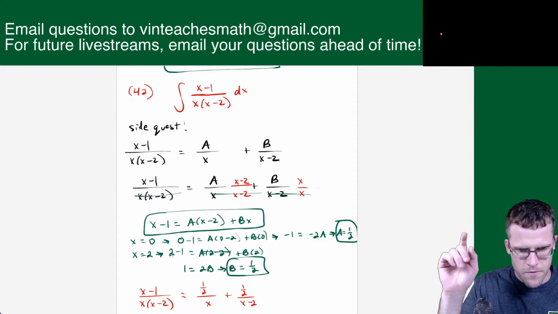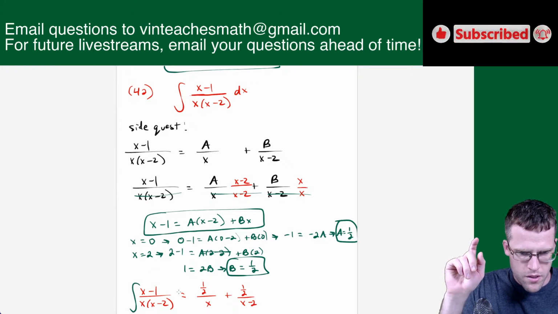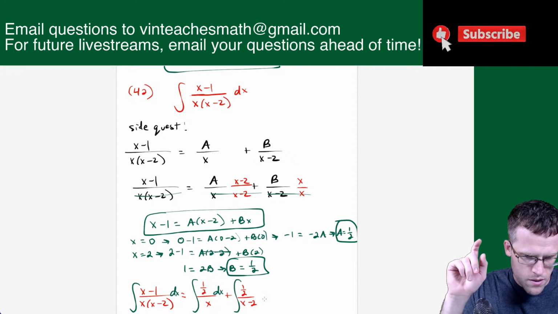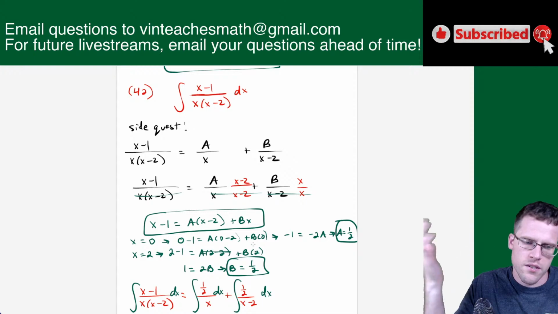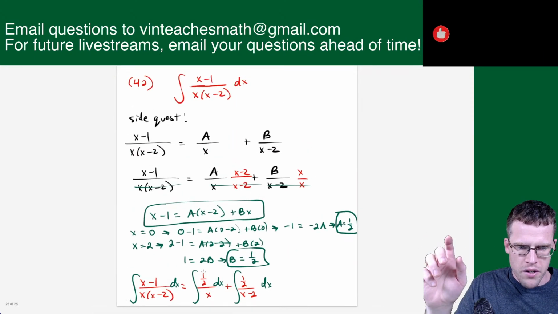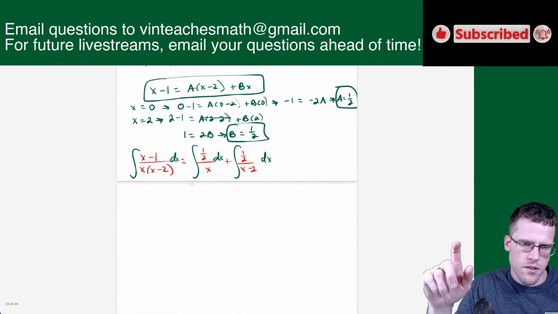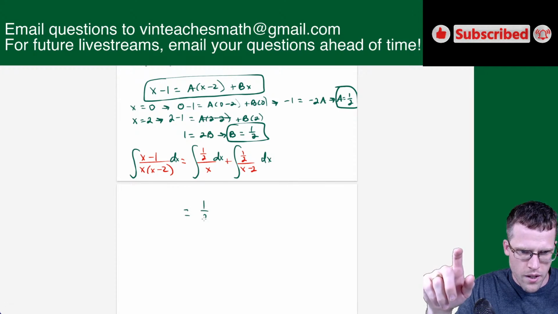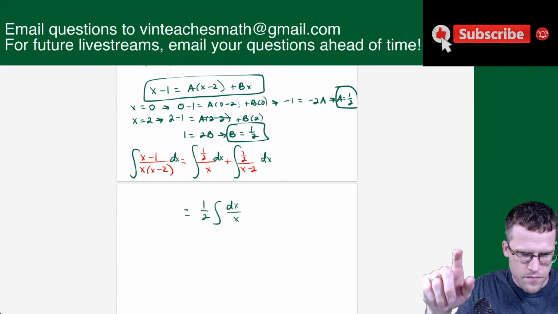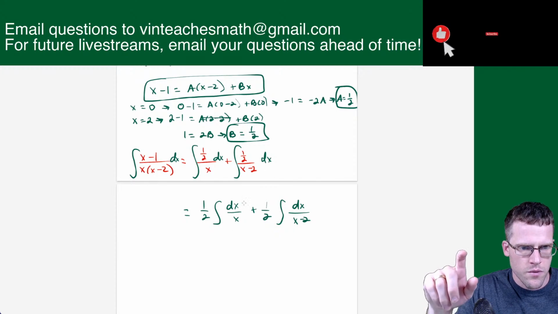Now, how that helps us is that when we want to evaluate this integral, it allows us to take this complicated integral and break it up into two smaller simple integrals. Not that these are necessarily easy, but now this is 1/2 dx over x plus 1/2 dx over x minus 2. This one is easier.